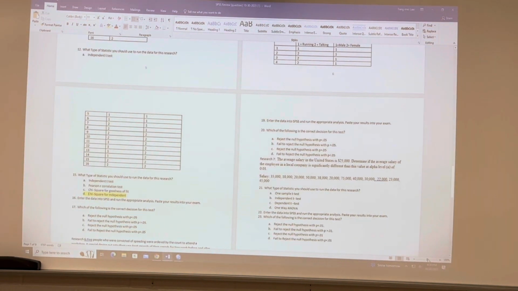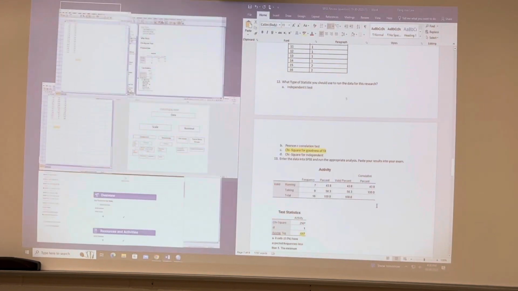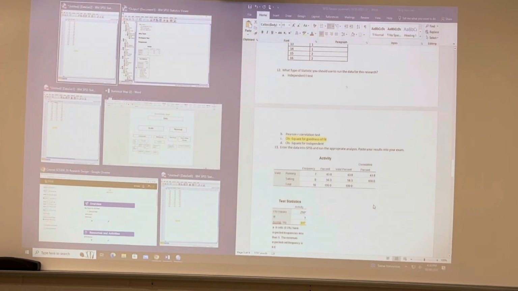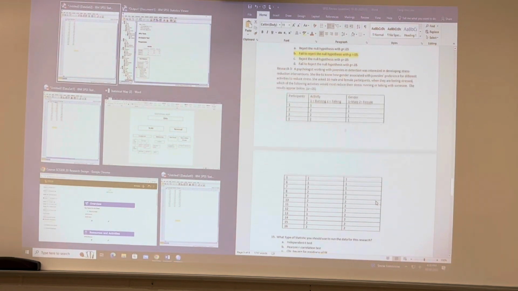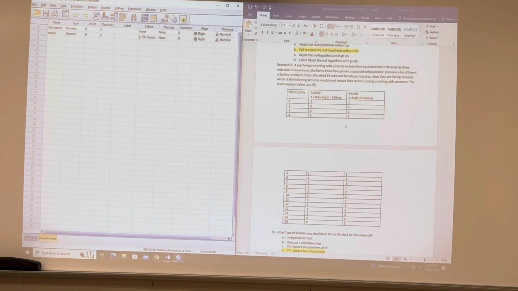Okay, so let's fix our data. For this one, I'm just going to be lazy because they look similar. So I'm going to just add another variable called gender.